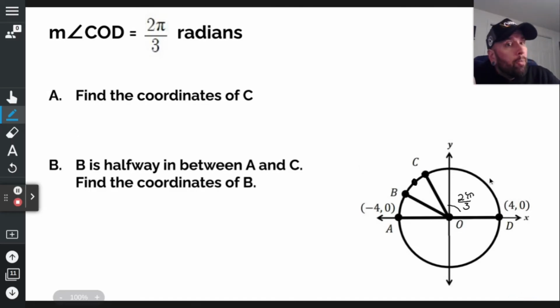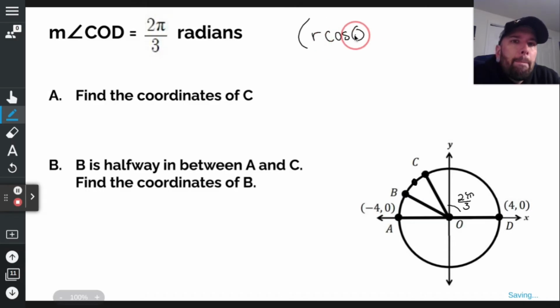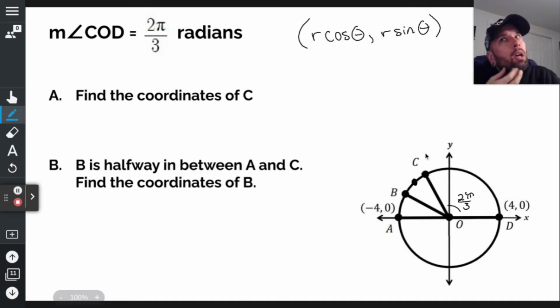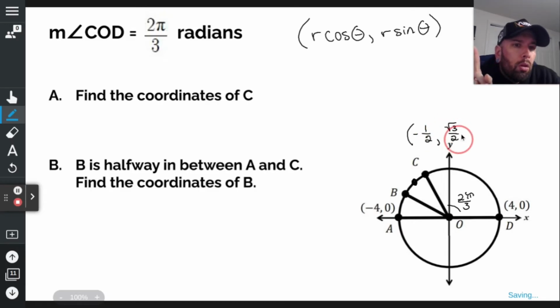Here's issue number 1. The coordinates of C are not as simple as me saying, oh, well, this is a unit circle. It is a unit circle, but the radius is now 4. So I have to treat this as r cos theta, r sine theta. Now, if this was the unit circle, since that is the first dot of 3, that gives me negative 1/2, root 3 over 2, negative positive because it's the second quadrant.